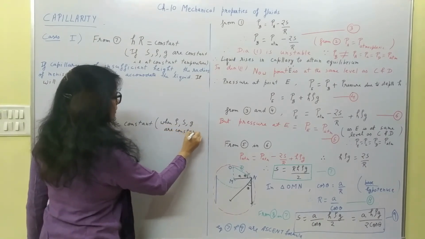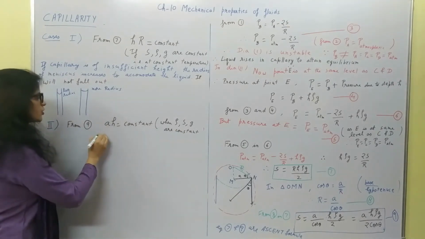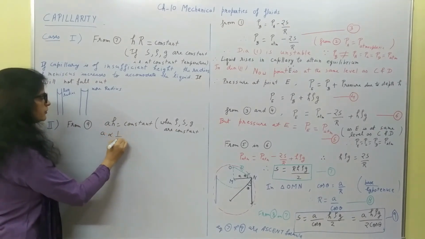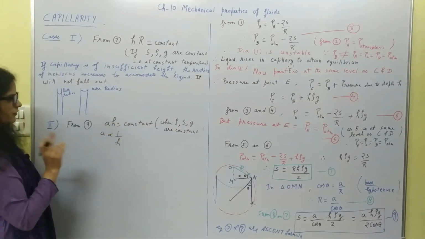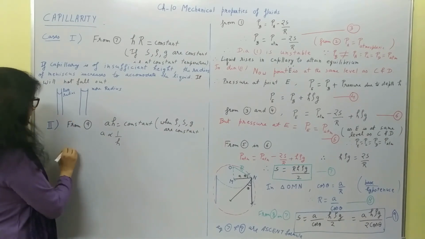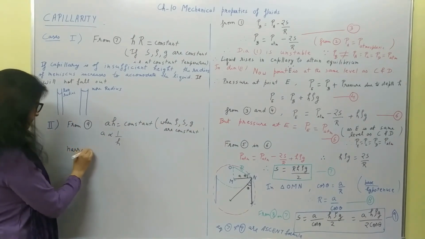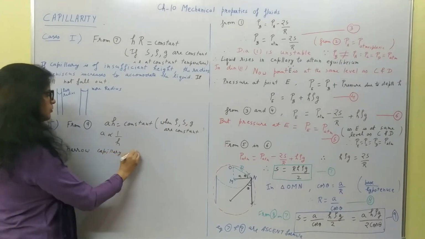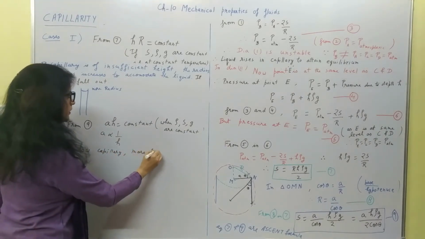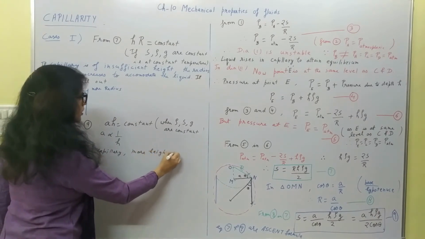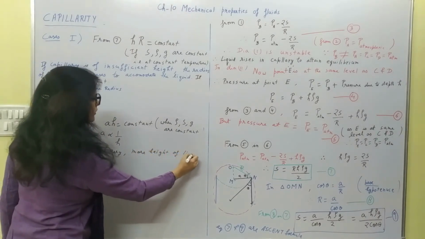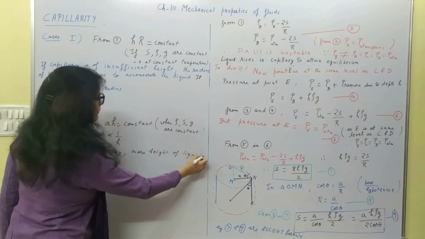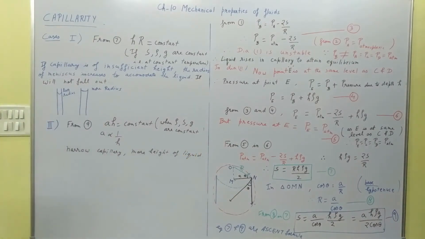That means at constant temperature only, same as before. So you can say A is inversely proportional to height. That means narrow capillary, more height of liquid, right? So I hope you understood.